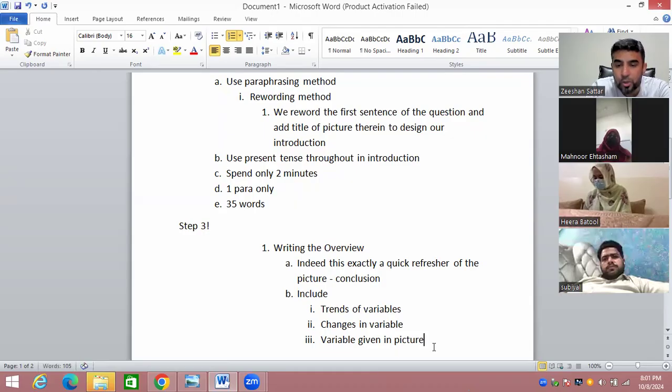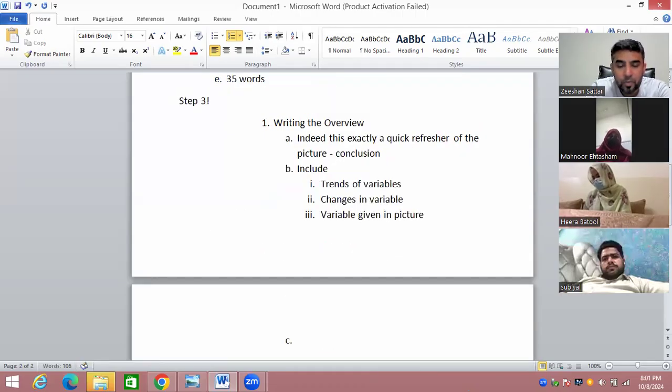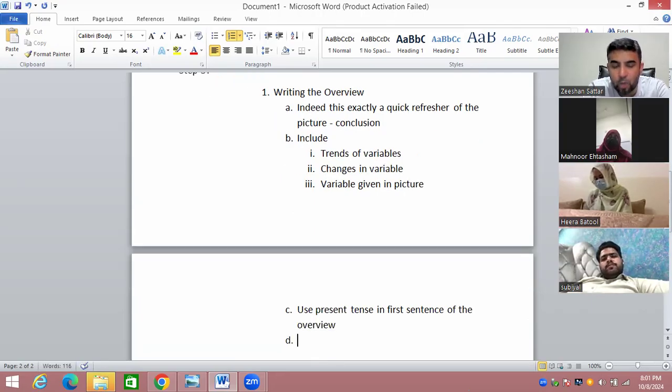We should use present tense in the first sentence of the overview. Use present tense in the first sentence of the overview. Use past tense in all remaining sentences.